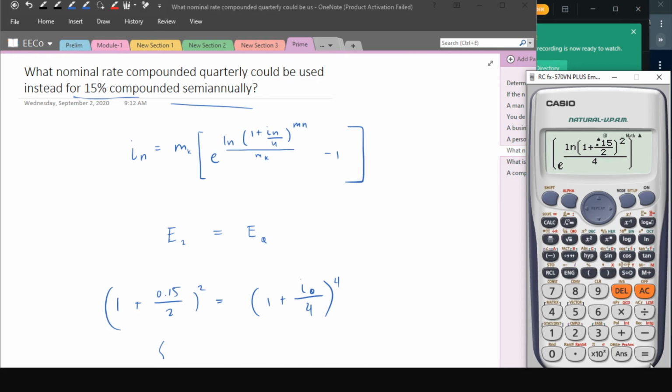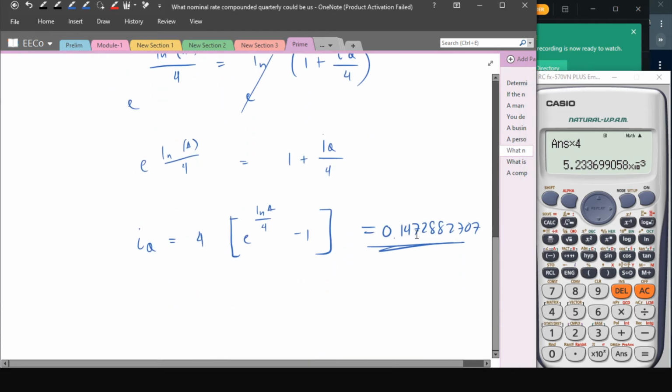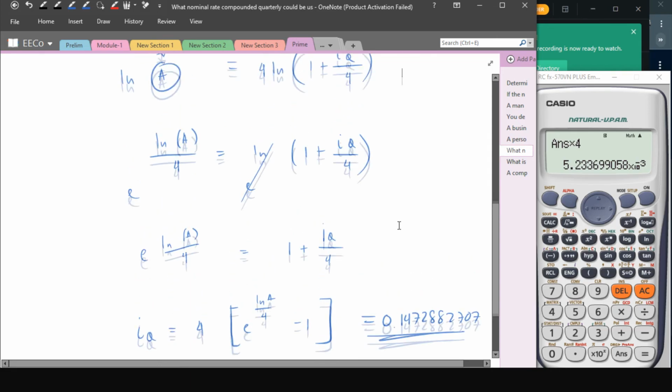Ayan, isa-isa lang natin. Minus 1 times 4. Nagkakamali ako. May nalimutan ko sa ln divide by 4. ln ng 4.